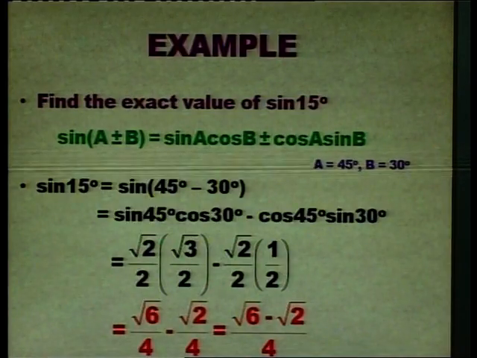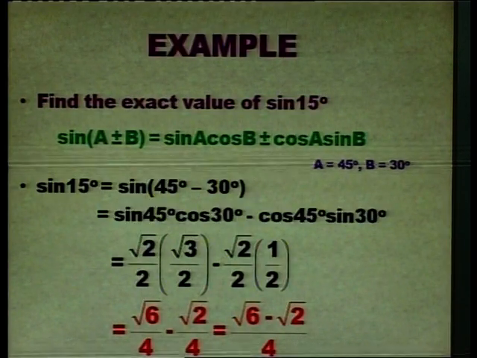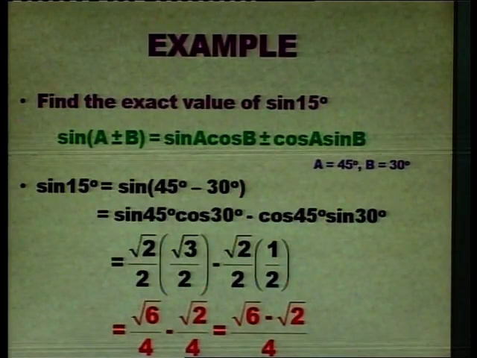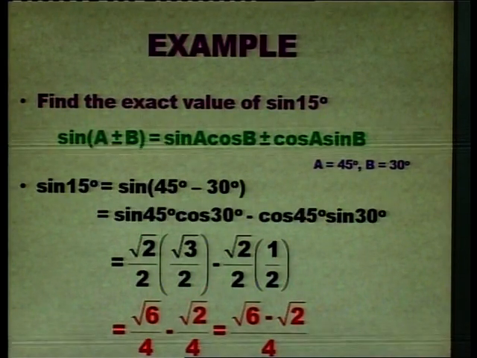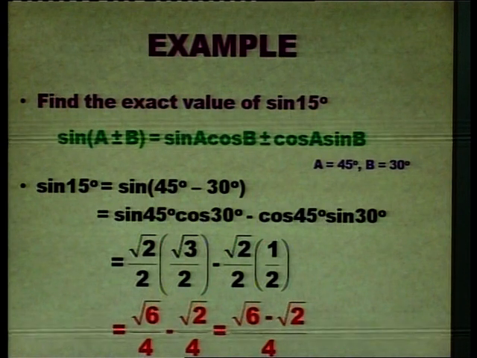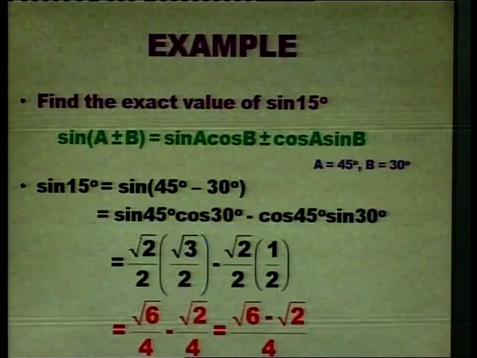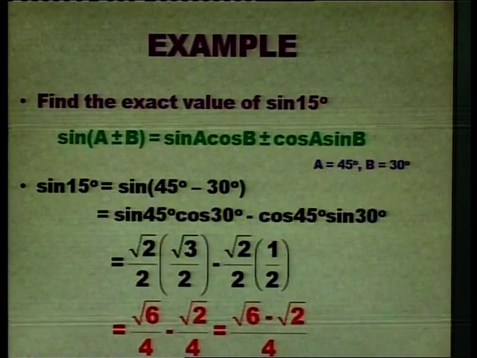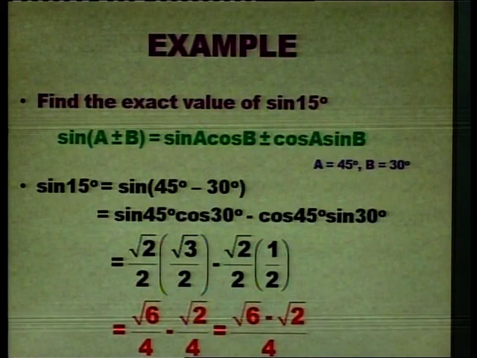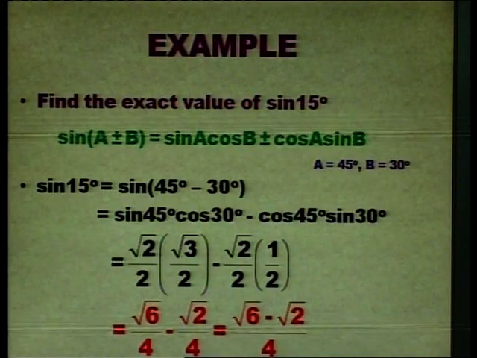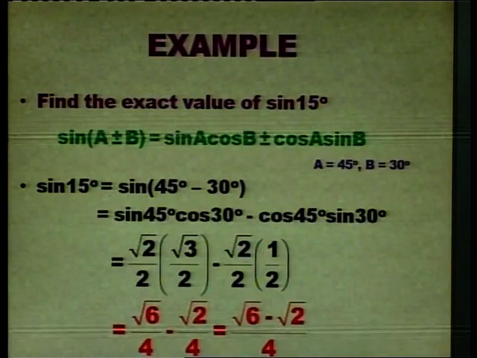Now, let me choose a is equal to 45 degrees, b is equal to 30 degrees. Now, the question is, why these 45 and 30 only? And the answer to this is very simple, because all of you know the value of sin 45, cos 45, sin 30, cos 30, etc.